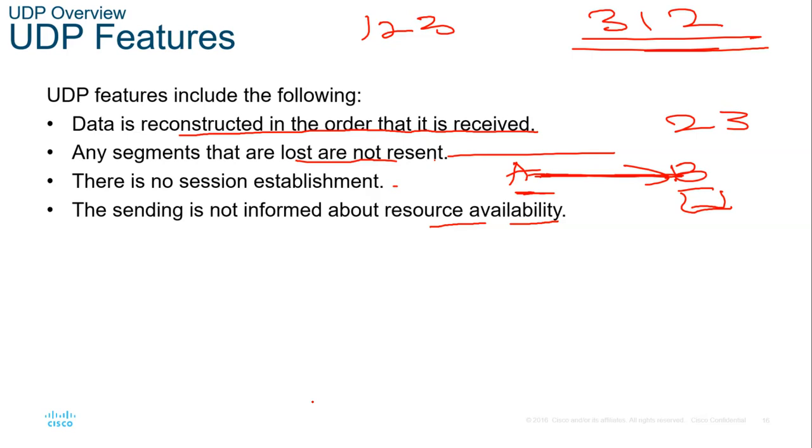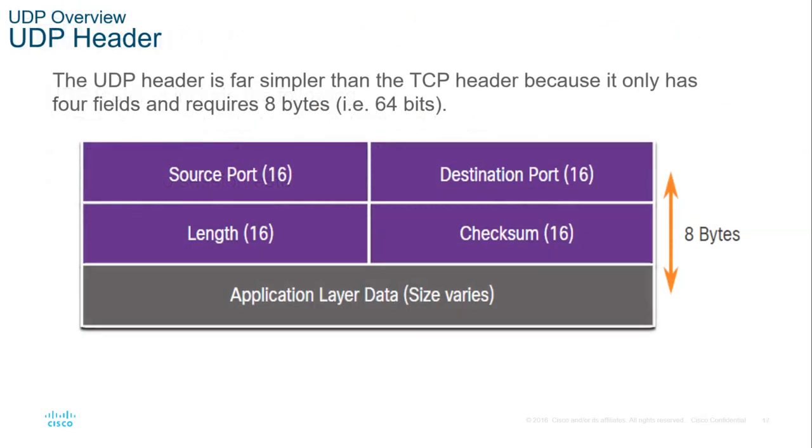Now look at the header. The UDP header is simpler, and that's the reason it is fast. It's fast in sending because there are few fields to be checked. In that way it quickens the message and the performance is high.